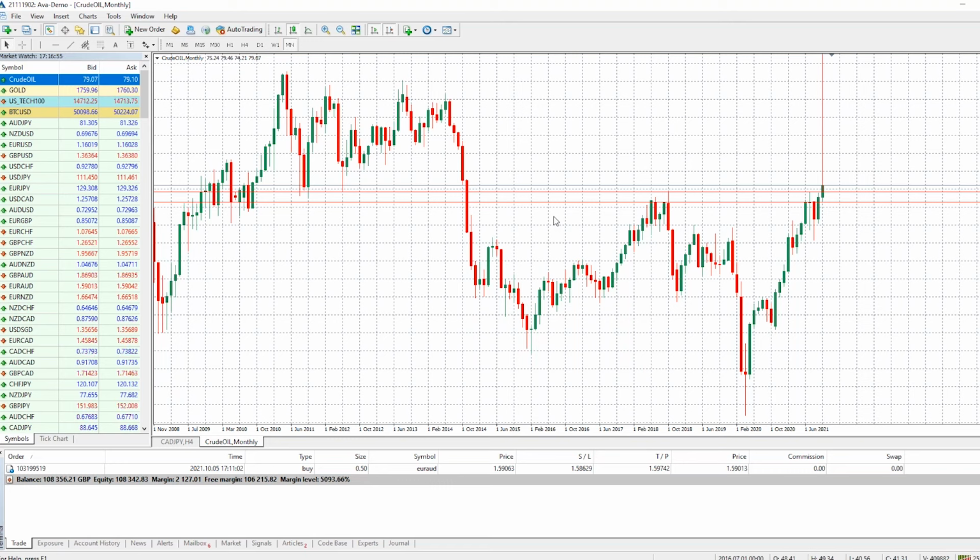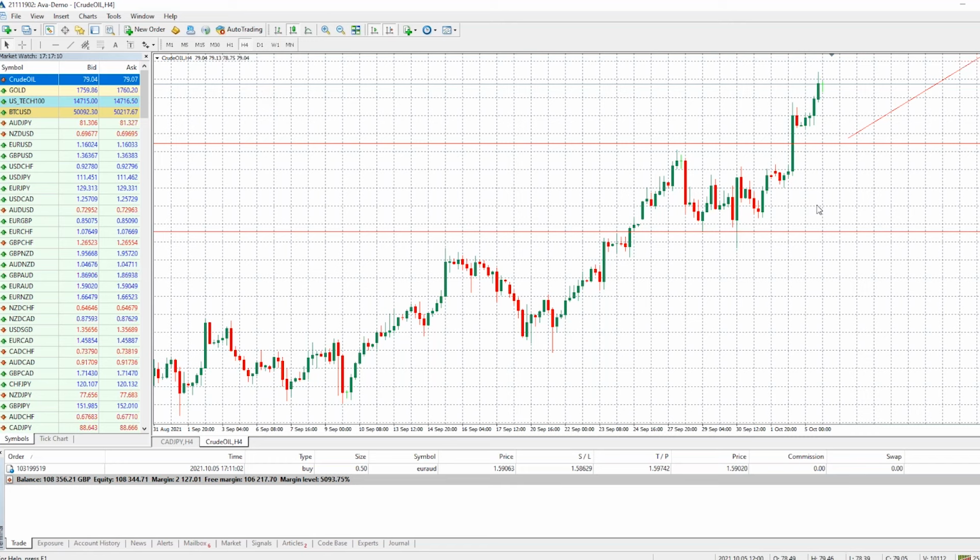More demand for oil if they pass an infrastructure stimulus and a huge budget that they're trying to pass in the U.S. If that happens, you could see an even bigger surge on the price of oil, potentially. So in that regard, you might say, I don't even have to wait for a pullback, I'll just buy oil now. And by all means, you could if you wanted to. But that's what we're looking at on crude oil right now.